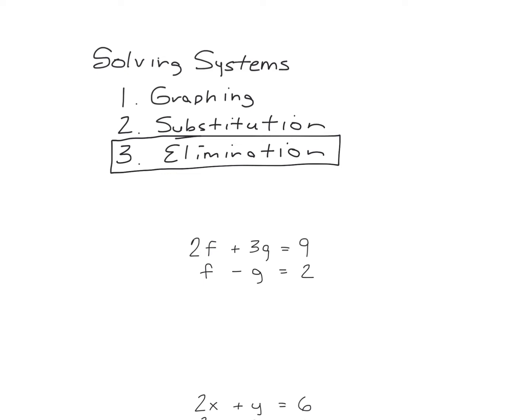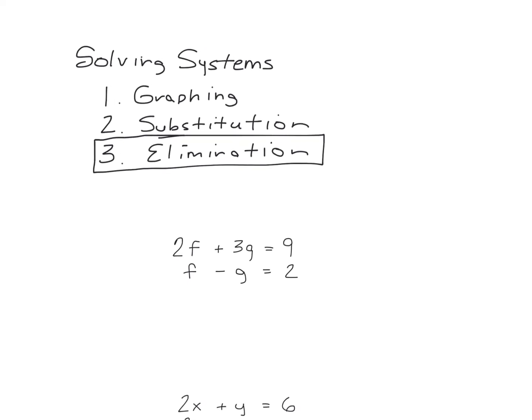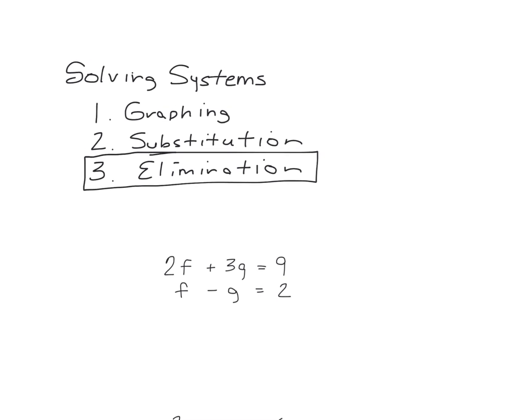For example, in the system that I have right here, I'm looking at the 2f and the f. And I'm thinking that if I multiply this second equation by a -2, 2f and a -2f would eliminate.